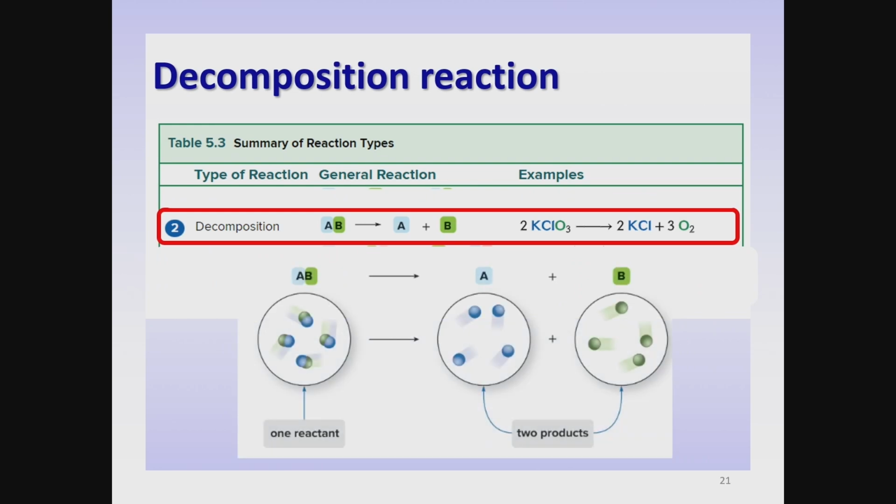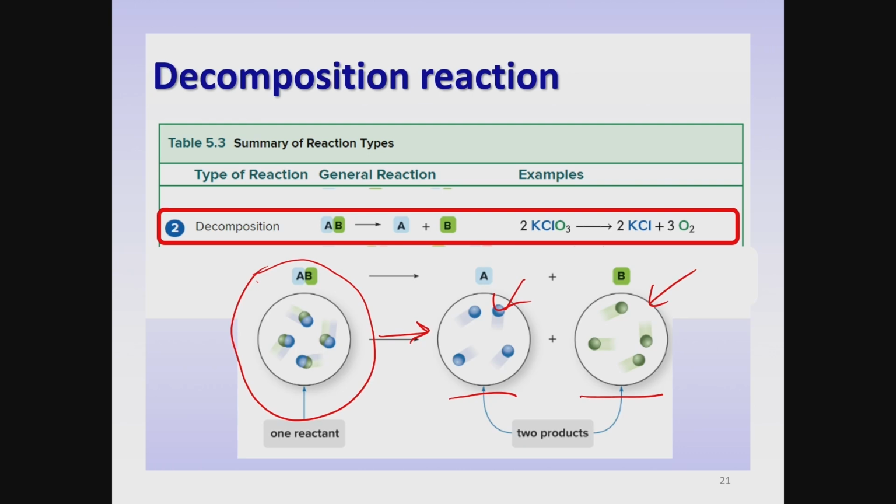You can recognize a decomposition reaction when you start out with a reactant that is a single compound, and then you get the reaction going, and you produce products from that. Those products will be, say, either an element and another element, or it could be a compound and another compound.